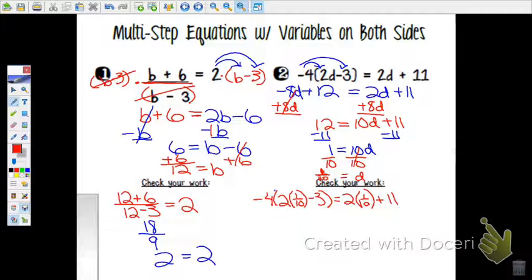So when I do my check, I'm going to work one side at a time. On the left side, inside my parenthesis, I need to multiply 2 by 1/10. How do I multiply fractions?